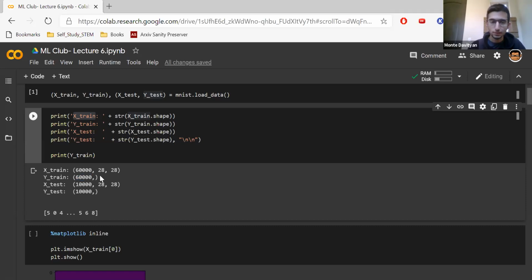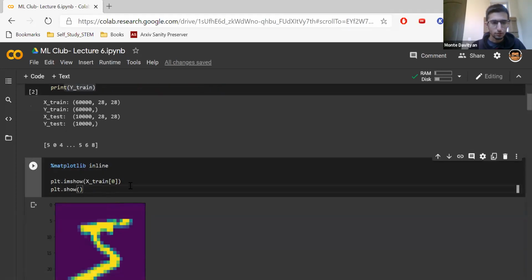This is a labeled data set. We have our images and we have the corresponding output. If we print out the Y train, we see we have the labels. We have 5, so this first image is going to be the number 5, and the second image is going to be the number 0.